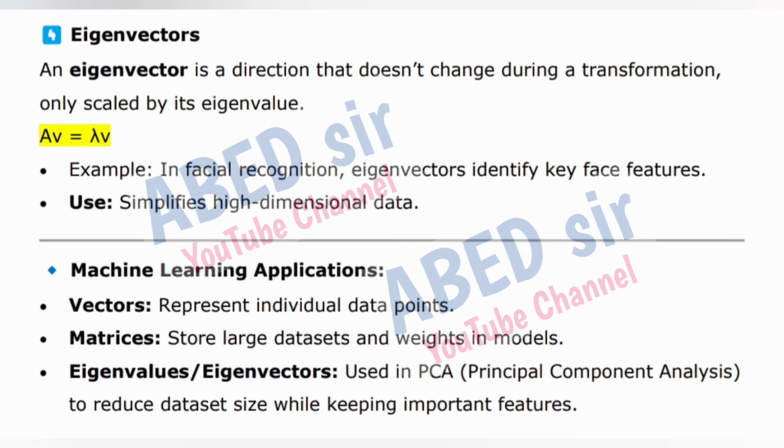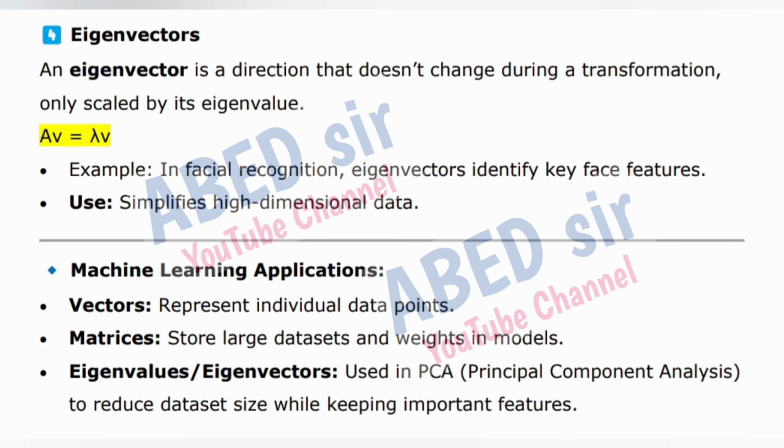An eigenvector is a direction that doesn't change during a transformation, only scaled by its eigenvalue. Av = λv. Example, in facial recognition, eigenvectors identify key face features. Use: simplifies high-dimensional data.